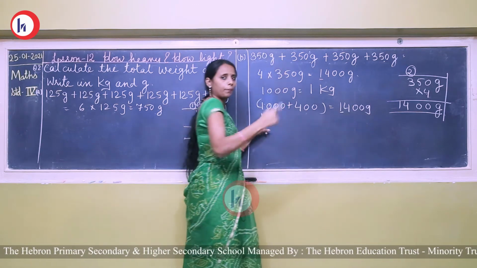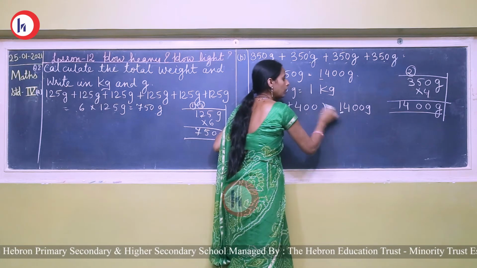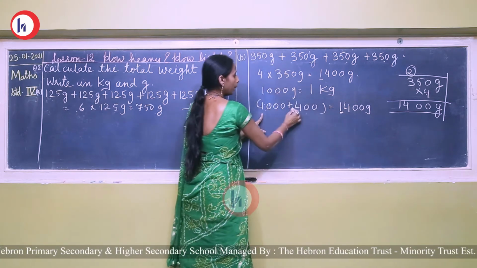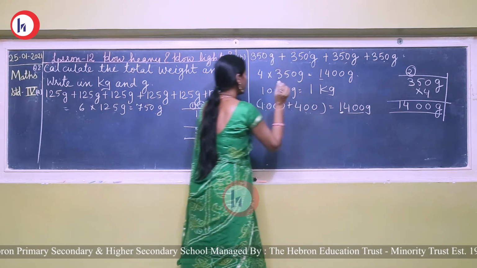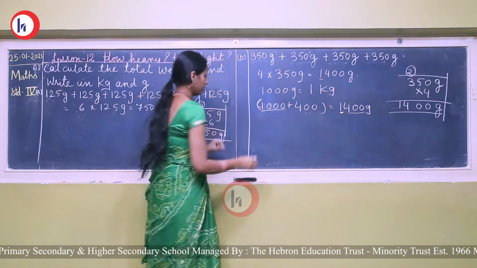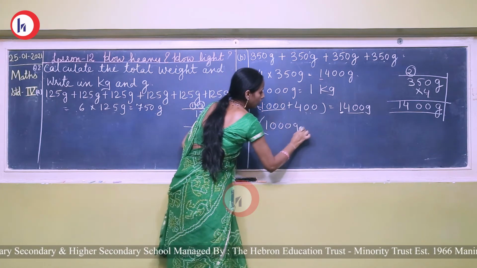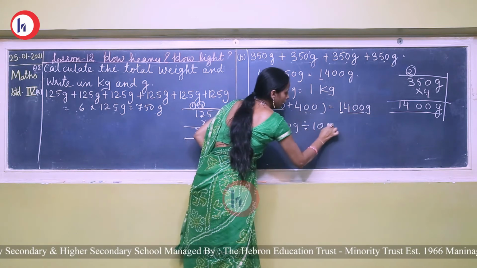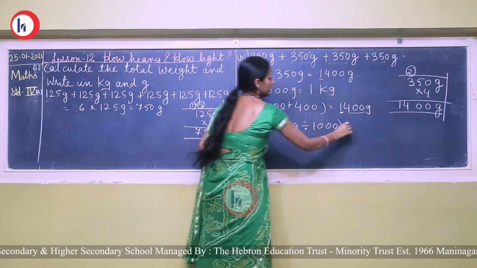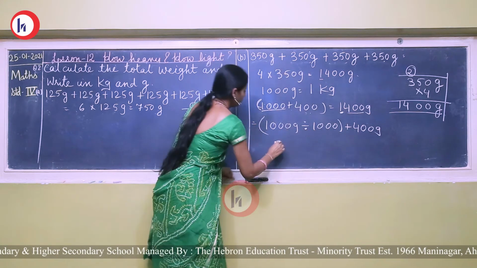This place will be separated because we have to divide by 1000. So 1000 plus 400 gram. Okay. Now this 1000 will be divided by 1000. So 1000 gram divided by 1000. Okay. Plus 400. It is gram.